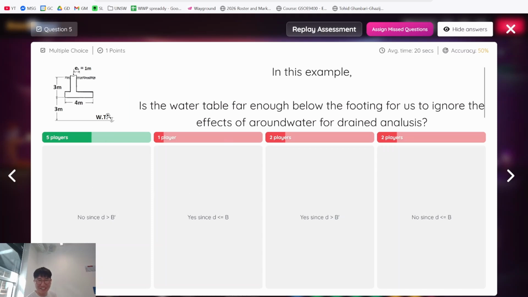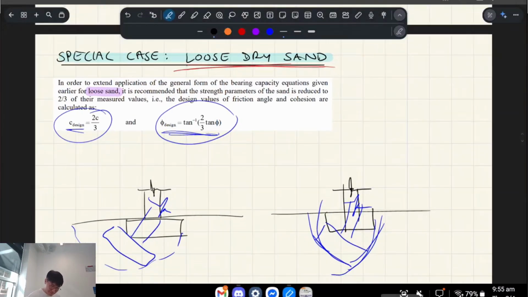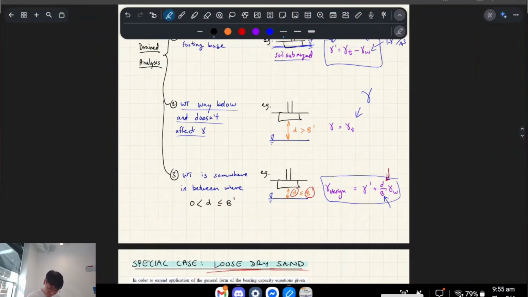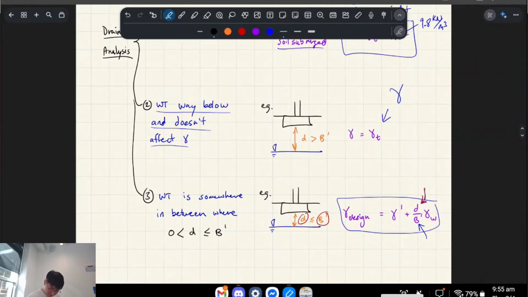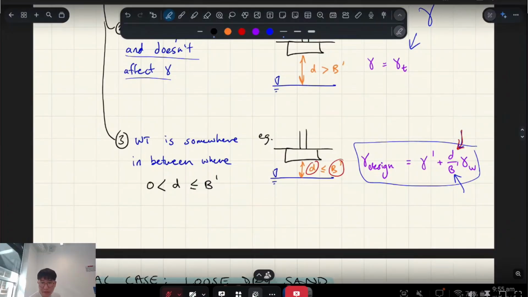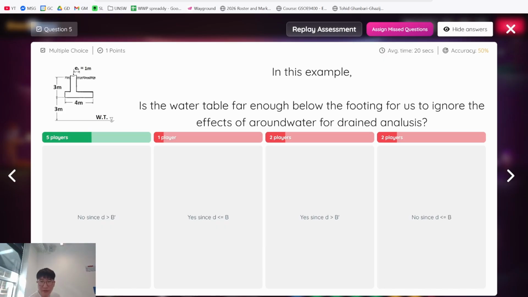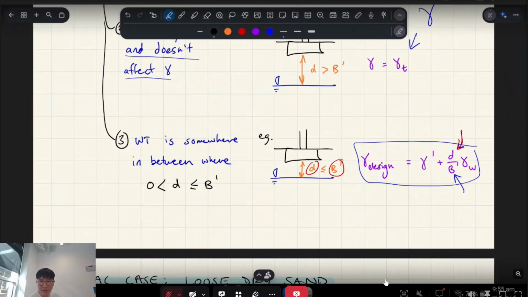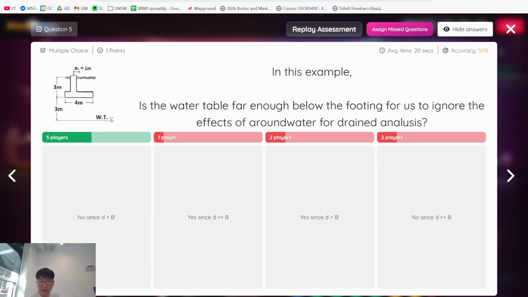Well, I can't remember the order, let's work through this. What did I say? For us to ignore it, since b is greater than d, is greater than, did I do this wrong?